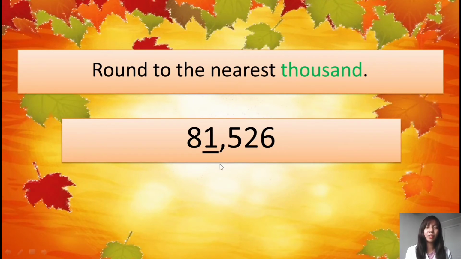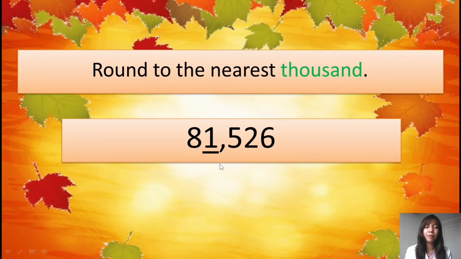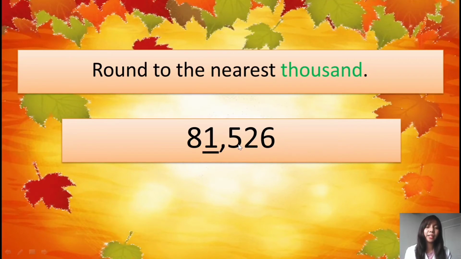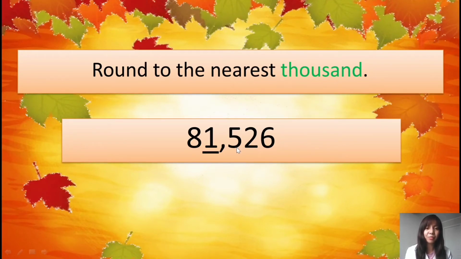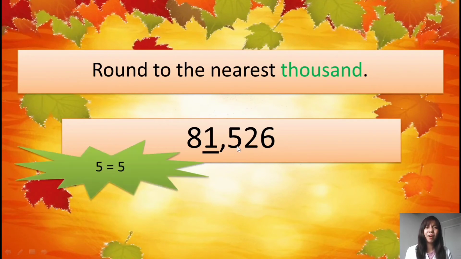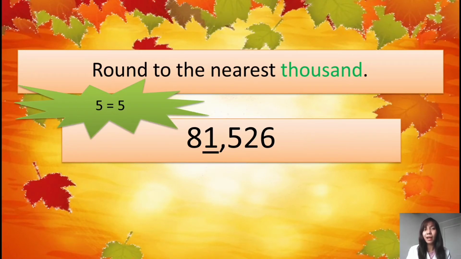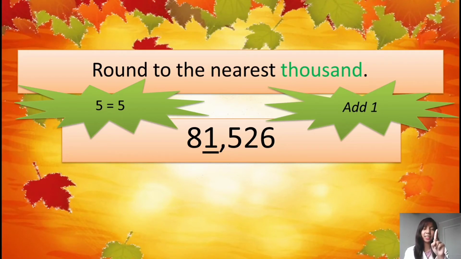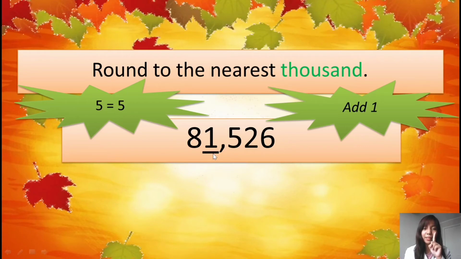Alright, next, round to the nearest 1,000. So we have the given number 81,526. So this is the 1,000th place, the number 1 here. So look to the next number. It's 5, right? So 5 is equal to 5. So it follows that we have to add 1. So 1 plus 1 becomes 2, right?